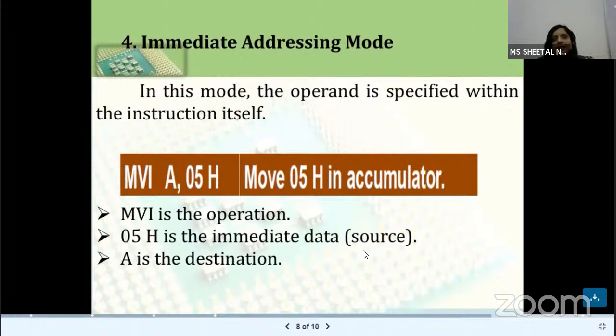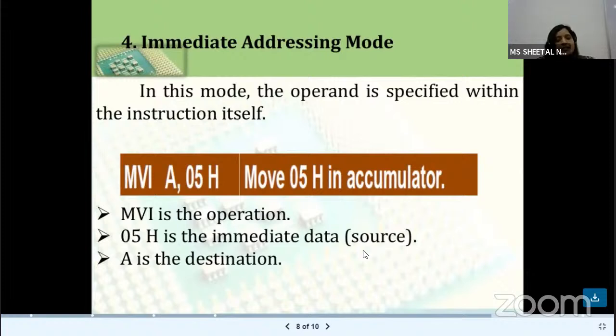Move immediately 05H, where H stands for hexadecimal number, into accumulator. After execution of this instruction, the contents of accumulator will be 05. With the help of this instruction, we can immediately move any data into general purpose registers or accumulator.